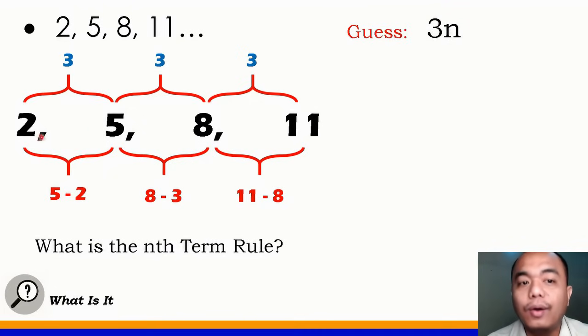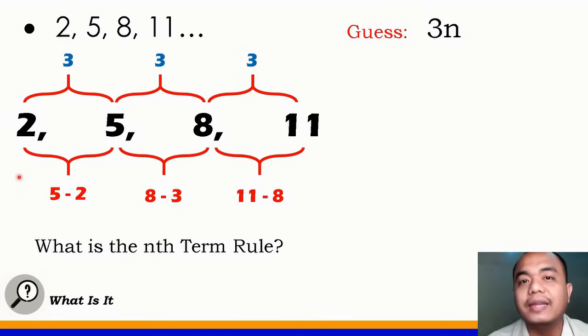It would be 3n only if the common difference and the first term were the same, just like we did earlier. But this time, our first term is different from our common difference. So maybe we will use another number to make this equal. And there is something to do with 1. Para mag-equal sila, pwede nating dagdagan yung 2 sa 1.